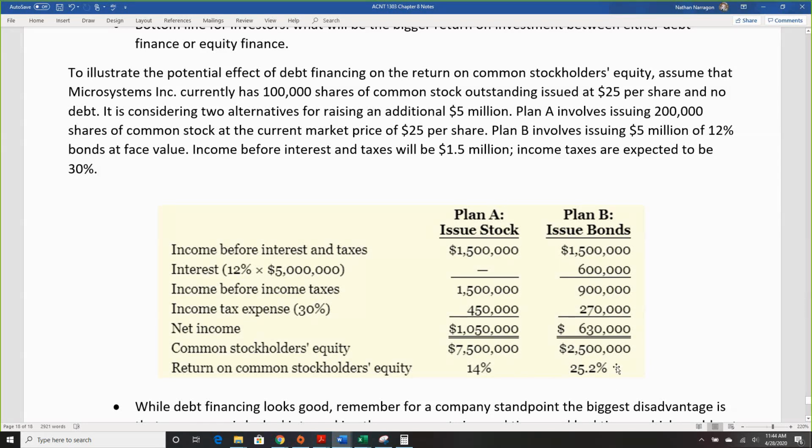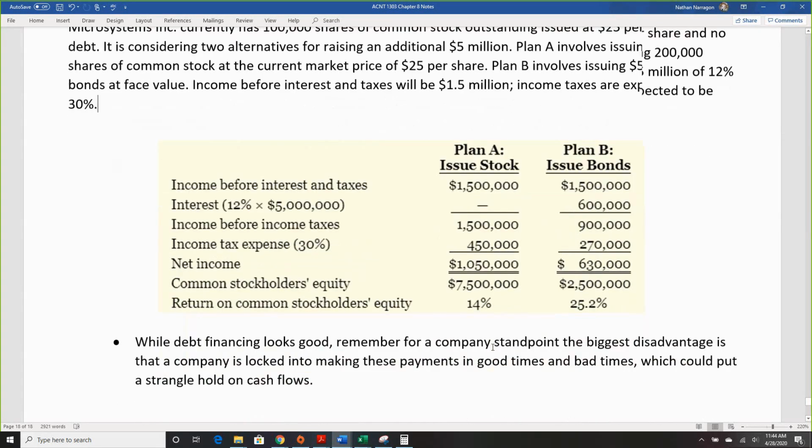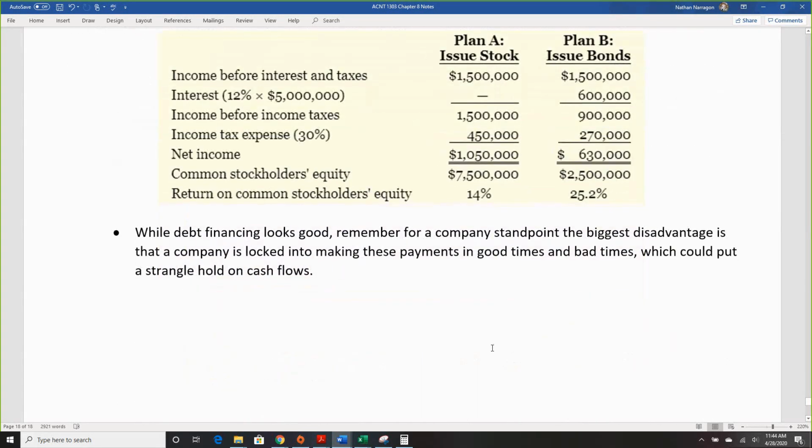So they get a bigger return under a bond, and usually that's what looks good. Debt financing sometimes really looks good to investors. It's really getting close to doubling what would happen if they issued more stock. So it looks good. It really does.